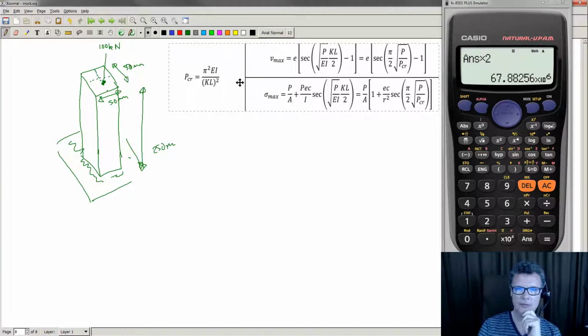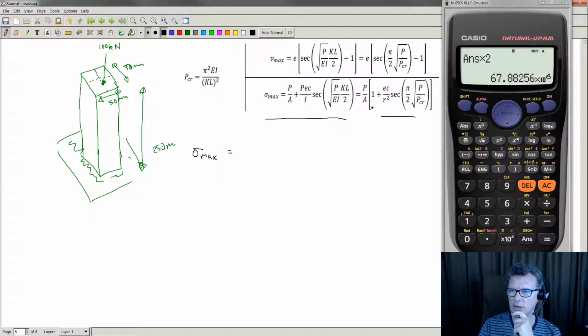So we've been asked to do a stress problem, so we're going to use this or this, up to you. Let's go for this one here. So the maximum stress is going to be a combination of the direct stress. So we can work out what that is. That's the P. Okay, this has got radius of gyration, stuff like that in. So let's use this one here.